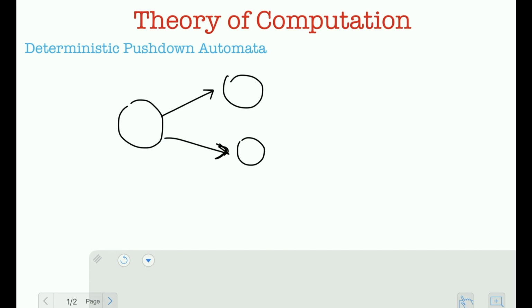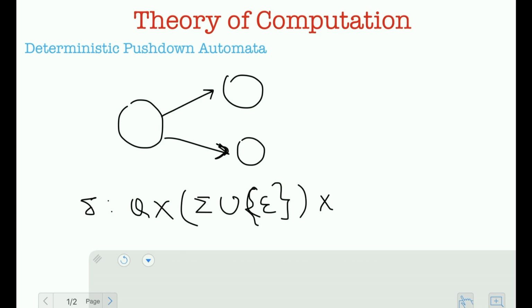And the definition that we wrote in the last video for delta, if you remember, we wrote that delta was from Q cross sigma union epsilon cross gamma, which was our stack alphabet, and from here we said that it went to Q cross gamma star. In case of a non-deterministic automaton, it's going to go to 2 power Q cross gamma star.